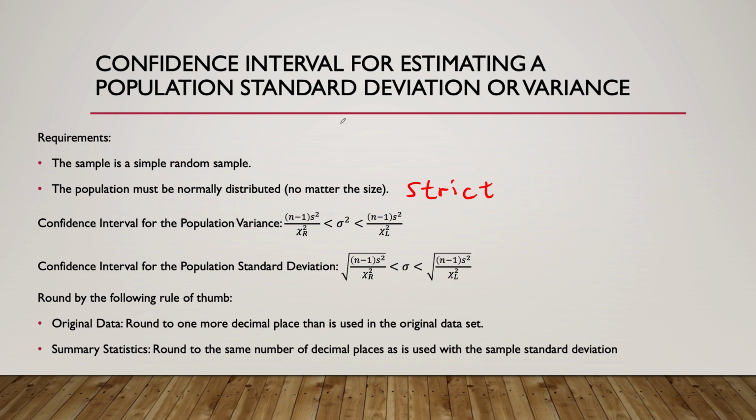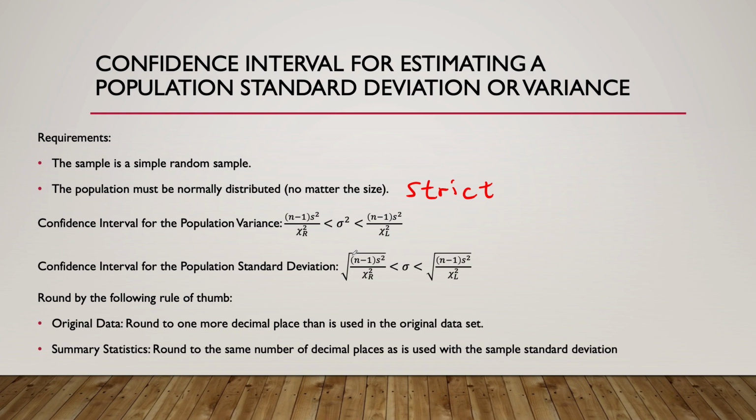It has to be normally distributed. The confidence interval for the population variance is n minus 1 times the sample variance divided by chi-squared to the right is less than the population variance is less than n minus 1 times the sample variance divided by the chi-squared value to the left.